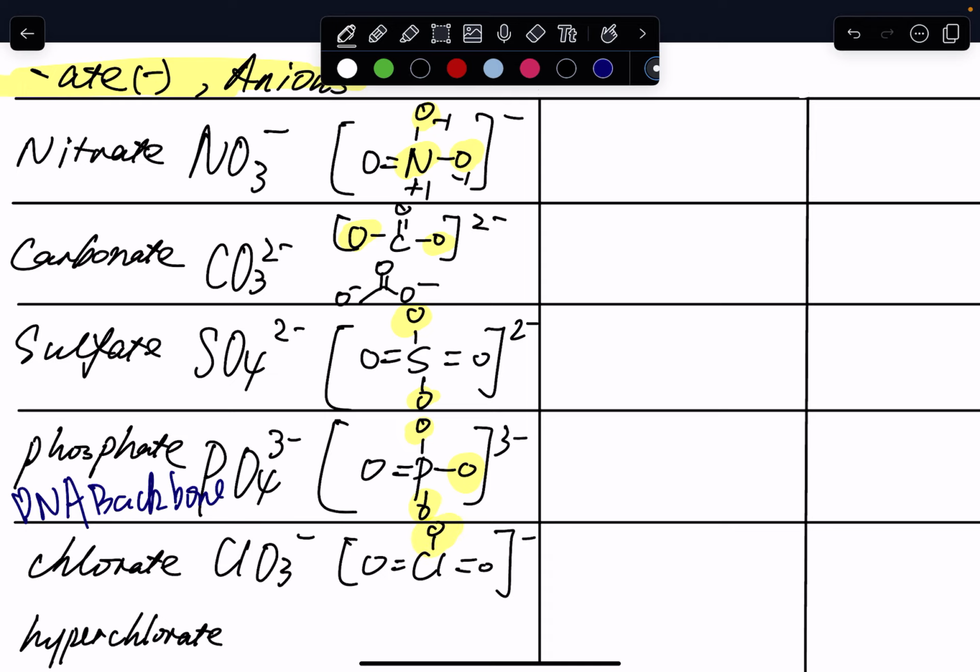All right, and then I give you a bonus one that is perchlorate, right? So what is per? Oxygen is per. So perchlorate has 1 more oxygen than chlorate, so it will be ClO4 minus, okay?